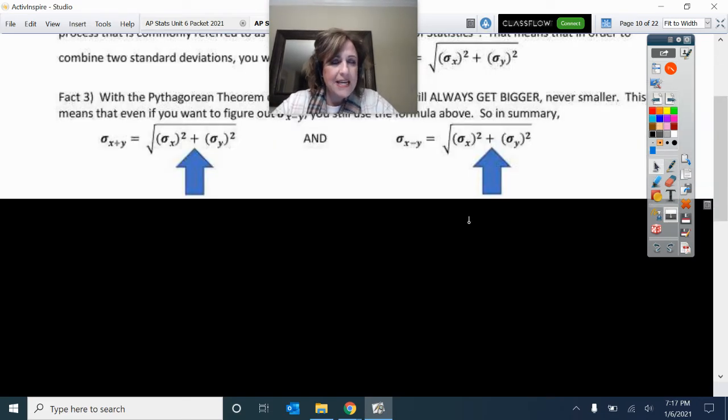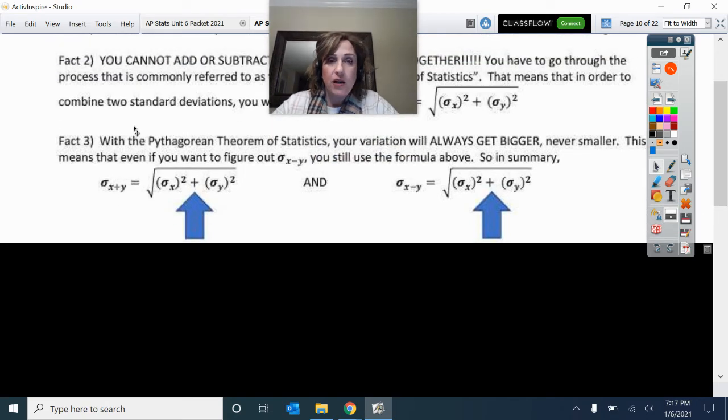So we're going to see, and sorry, one other little thing. I'll give you a way to remember this as well. Here's the other special rule: whether you are combining or subtracting, whether you're finding the total of two variables or the difference between two variables, the standard deviation still gets bigger.